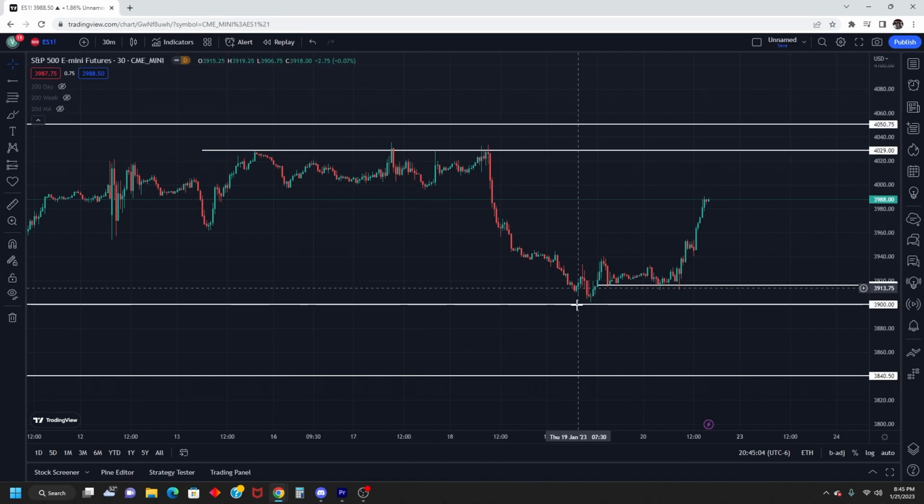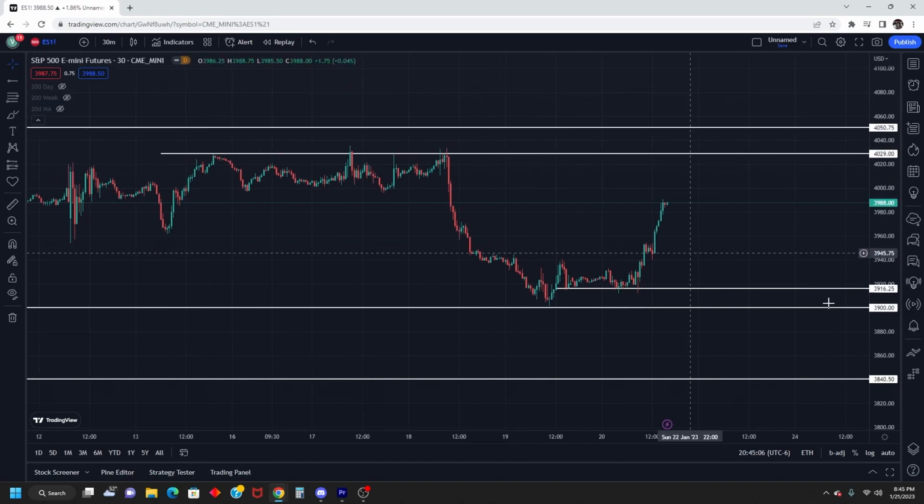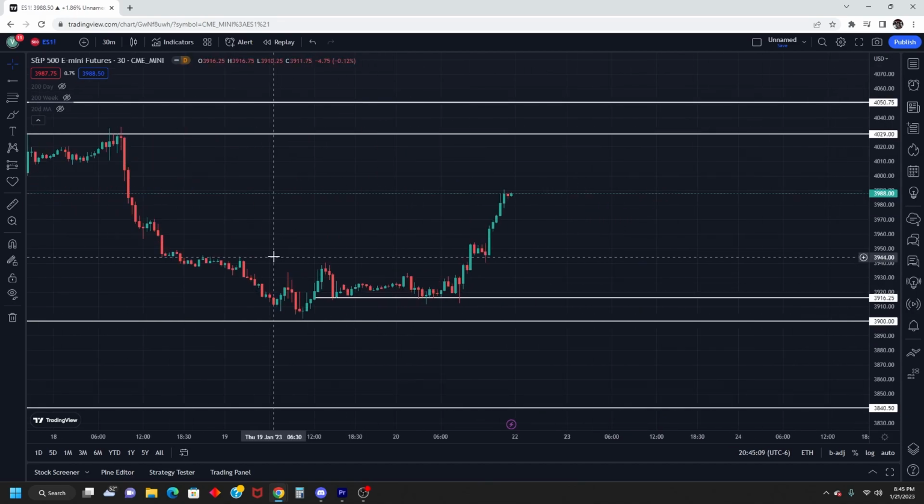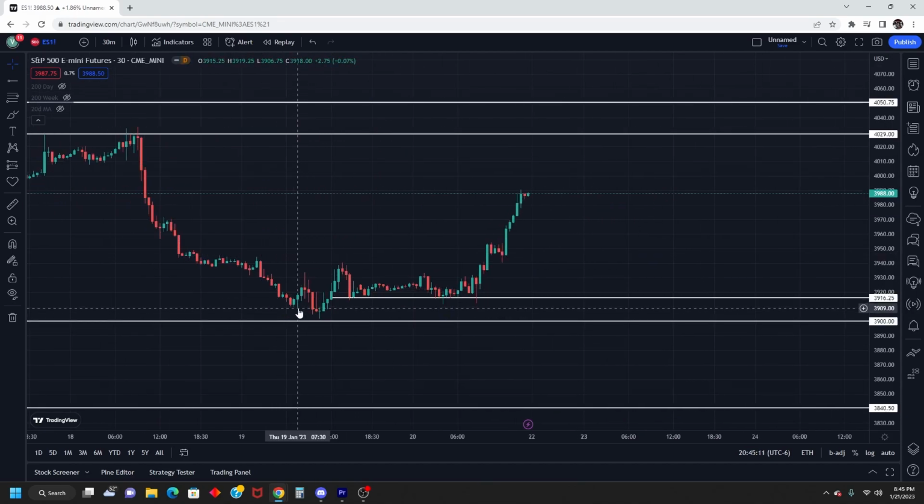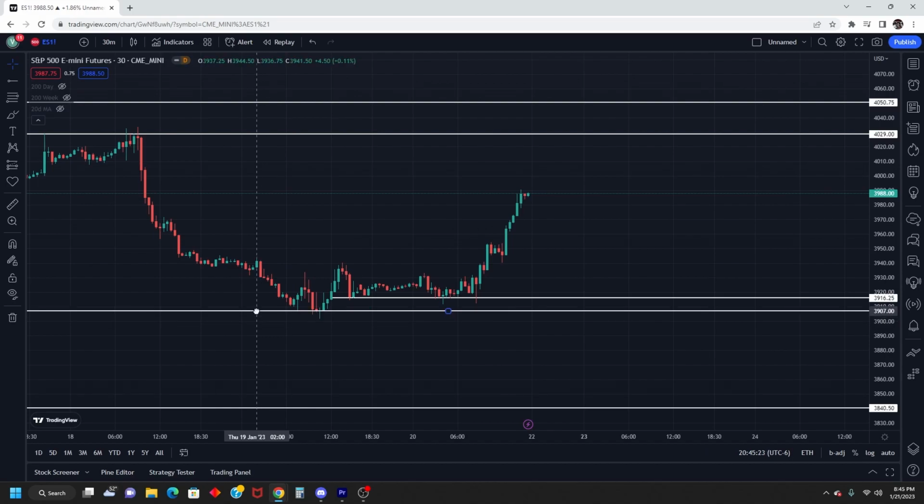on these pullbacks, I wait to see a rejection, at least a couple bar rejection on the green side. So we made this low right here at that 39.06, 39.07 area. Huge rejection, volume came in, and so now you know that there is liquidity all under this 39.07 area.